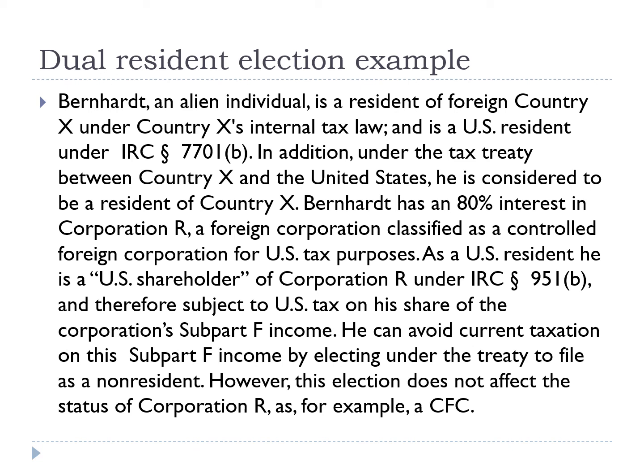He can avoid current taxation on this Subpart F income by electing under the treaty to file as a non-resident alien. However, this election does not affect the status of Corporation R as, for example, a controlled foreign corporation.